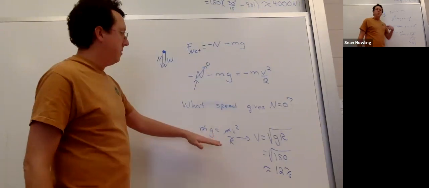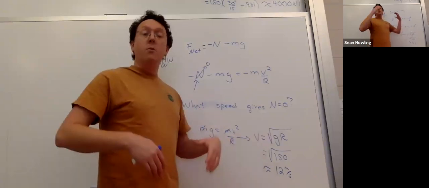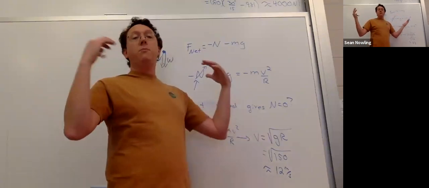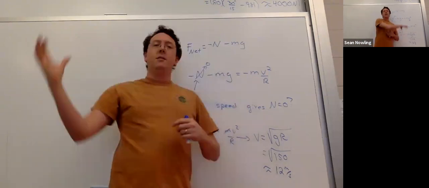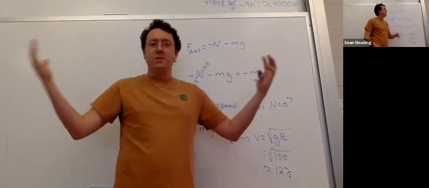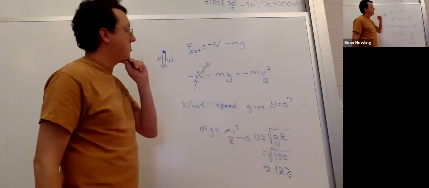Very good. So what we find is that at about 12 meters per second, when you get to the top of the loop, you'd feel weightless, like you just lose contact with the surface. Here the critical speed is 12 meters per second.